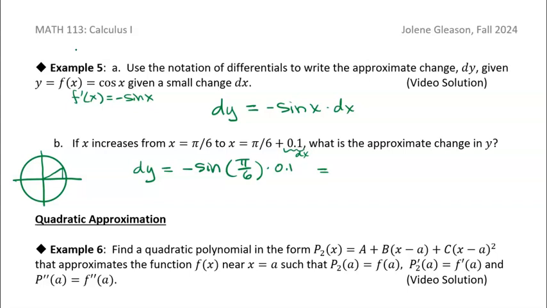The y-coordinate is sine, so it looks like sine of pi over 6 is a half. But it's negative, so it's negative 1/2 times 0.1. If I multiply that out, it's 0.5 times 0.1, so it's negative 0.05. So that would be our approximate change in y when the angle changes by just 0.1.